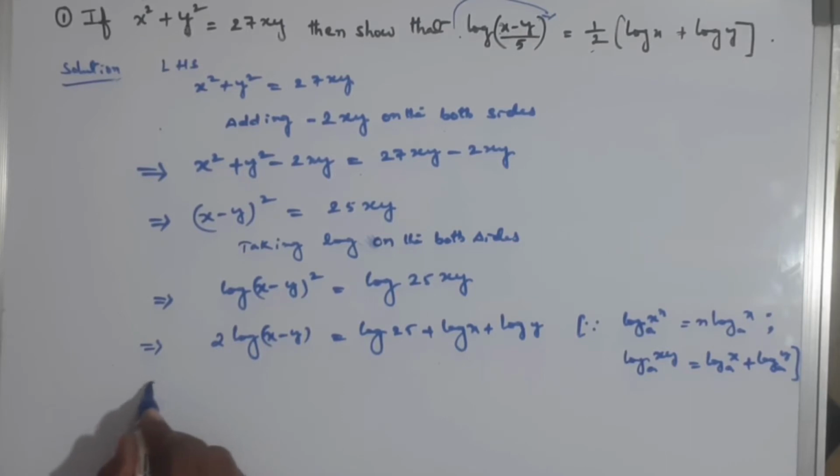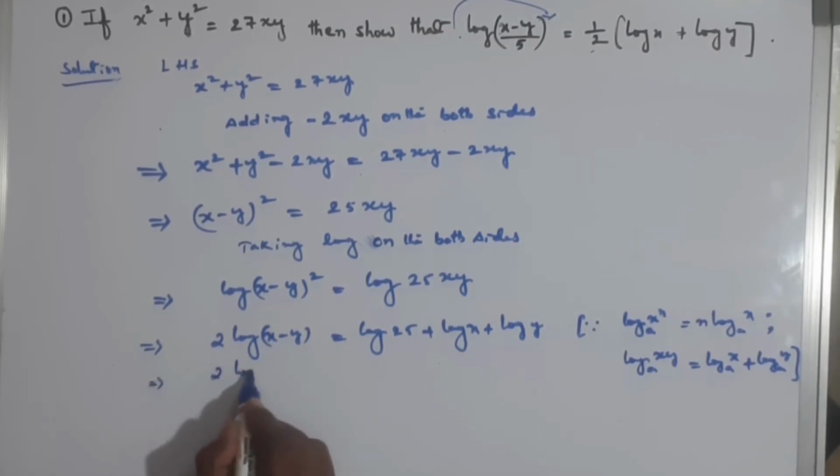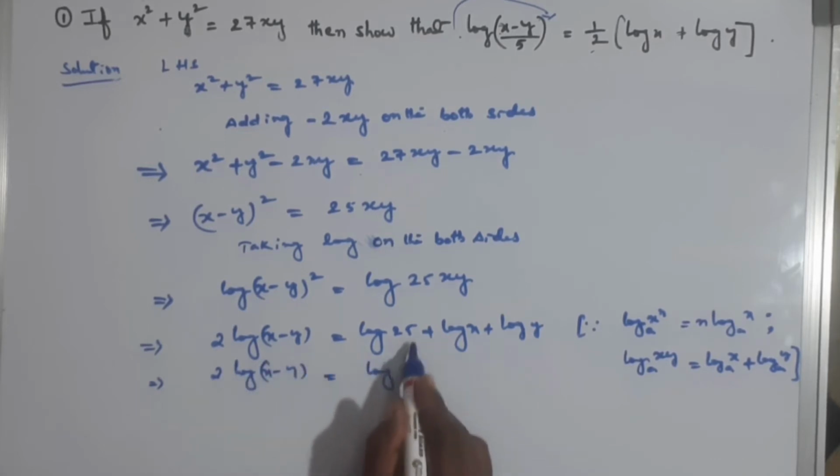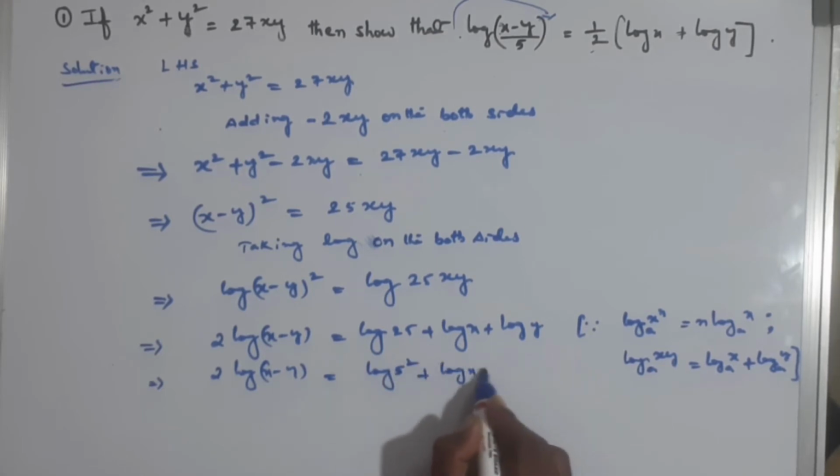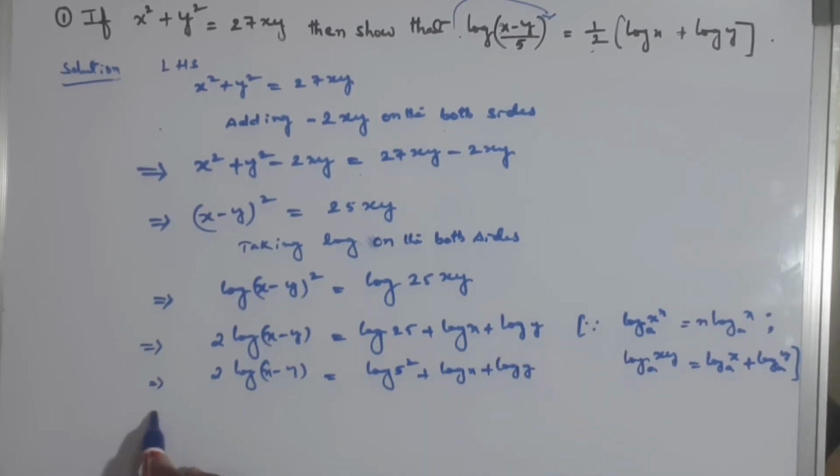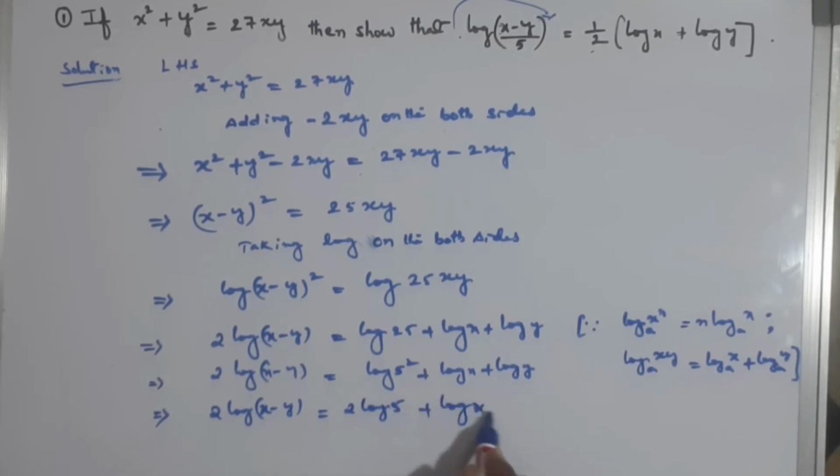Next, 2 of log (x minus y), which equals 25, I can write 5 square, plus log x plus log y, which equals 2 of log (x minus y) equals 2 of log 5 plus log x plus log y.